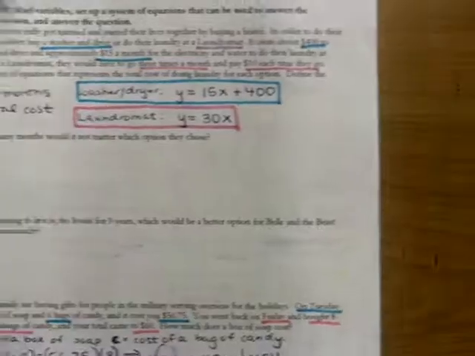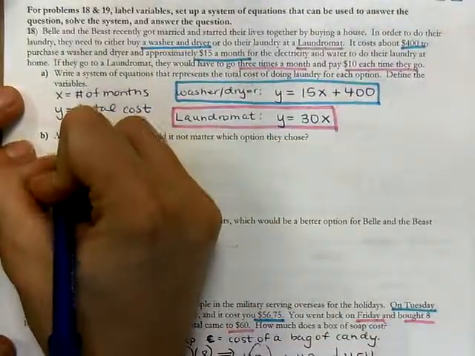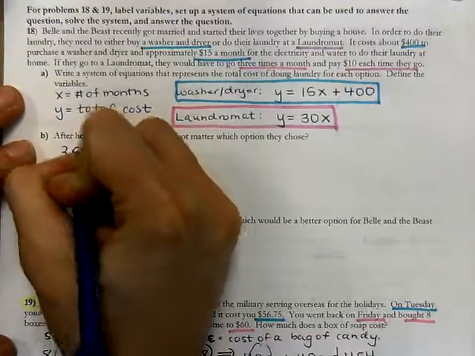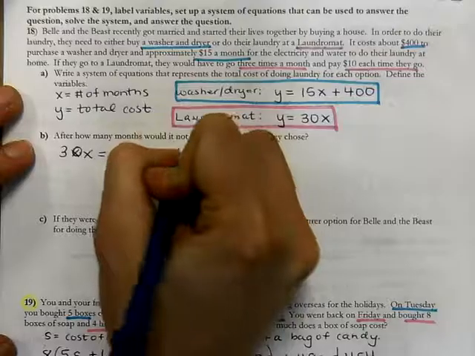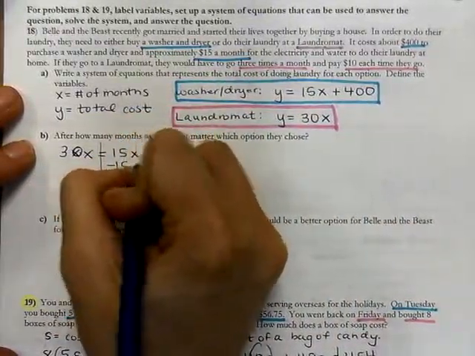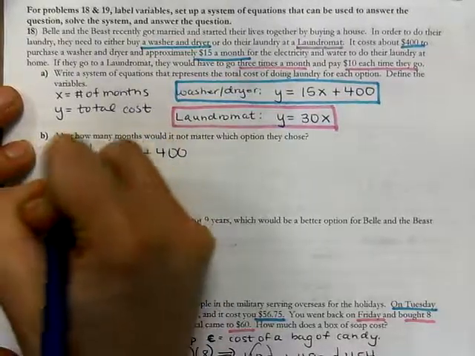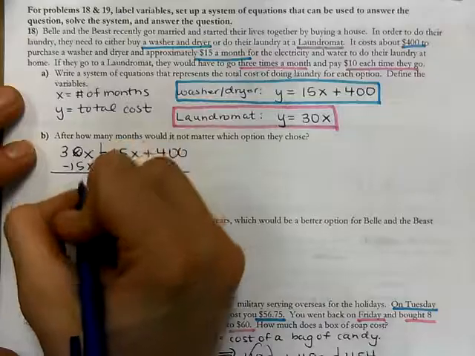If we go back here, we could use the equation to get that as well. It's essentially saying when will these be equal? So 30x is equal to 15x plus 400. I see x's are on different sides of the equal sign, so I need to subtract them in order to solve for x to get them to the same side. I'm going to subtract 15x so that we have the 400 on that side and the variable on the other.